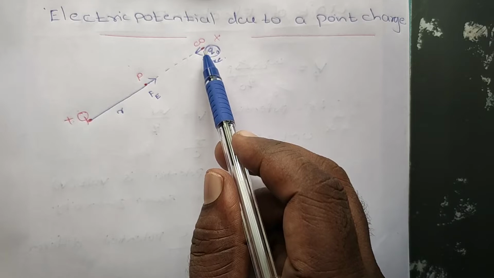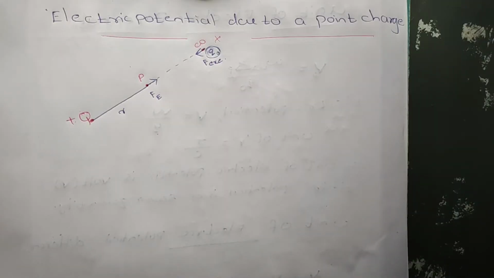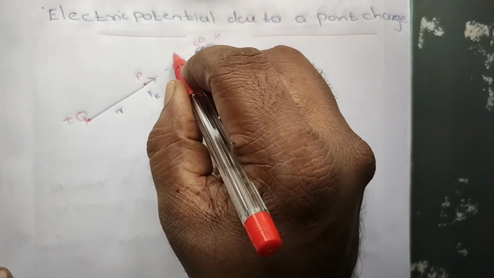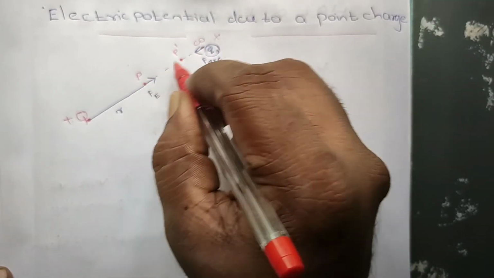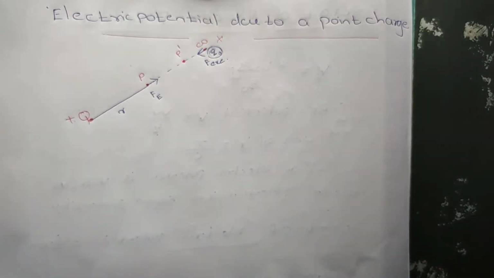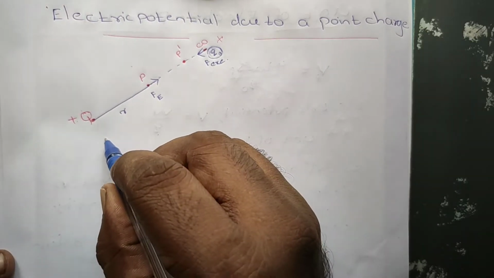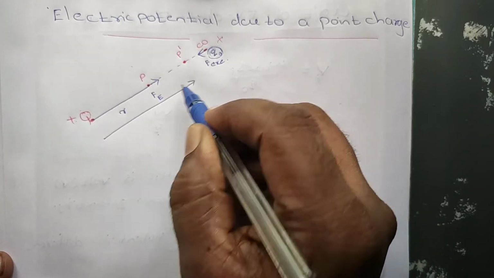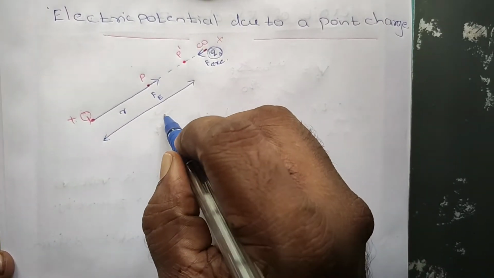So here you see that it is work done by a variable force. For calculating work done by a variable force, I am going to consider a small point P dash in between infinity and P. This P dash point is r dash distance from the point charge.